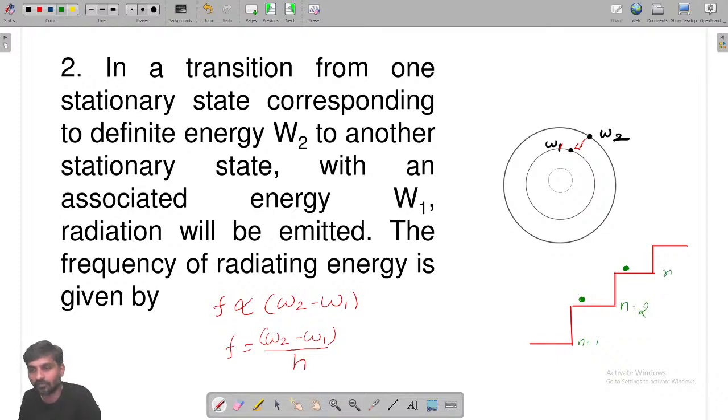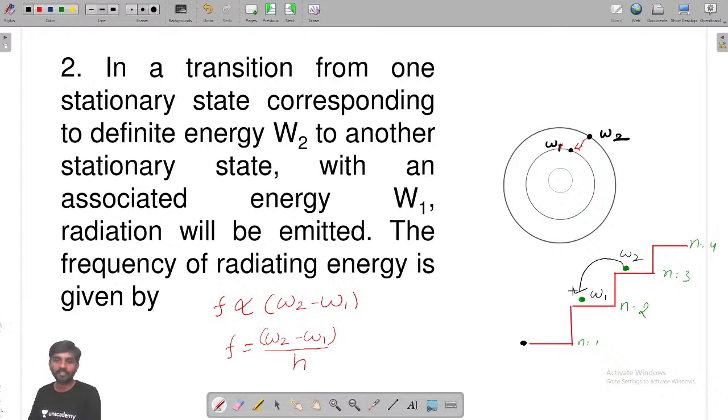I'll tell you what n is also. n is equal to 3, n is equal to 4. When the electron is moving from one energy level to the next, that is, coming down closer to the nucleus, this has an energy of W2 and this has the energy of W1.